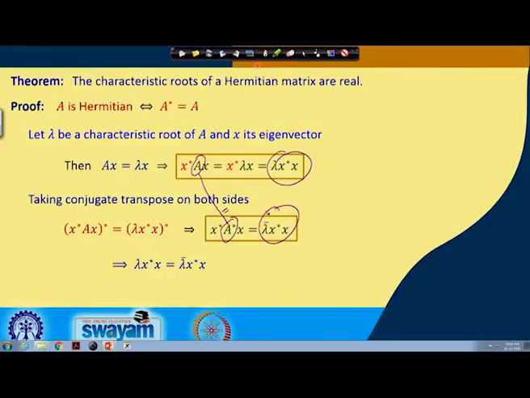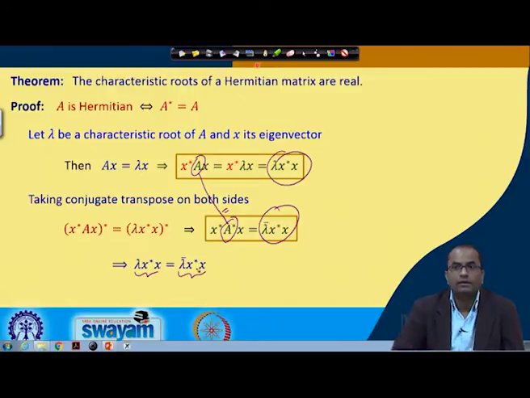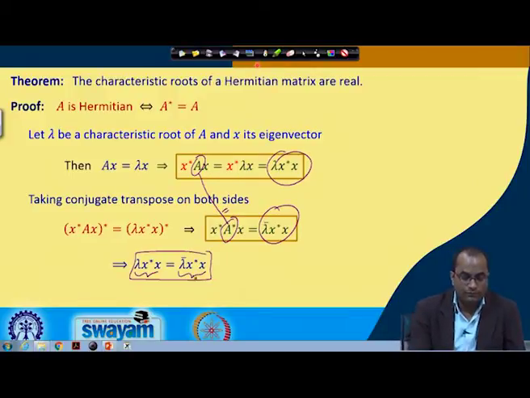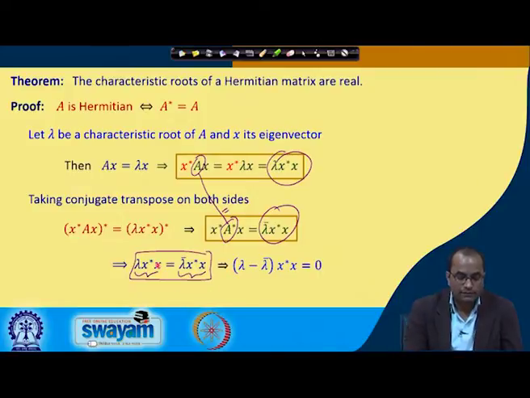Now we can bring everything to the left hand side: lambda minus lambda bar times x star x is equal to 0, and x is an eigenvector, so x star x cannot be 0.